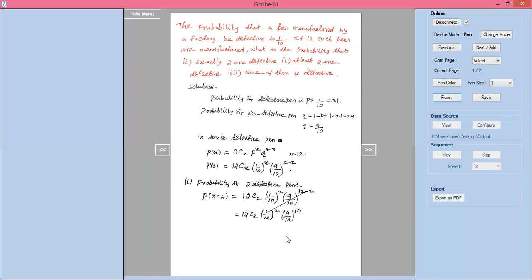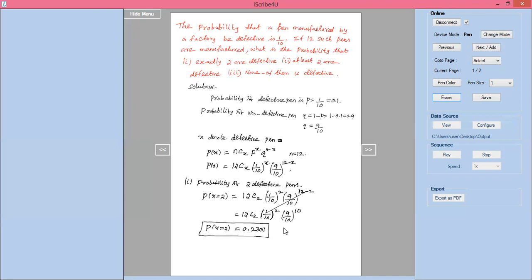Entering 12C2 into 1 by 10 whole square into 9 by 10 whole power 10 in the calculator and simplifying, we will get 0.2301. This is the probability of exactly 2 defective pens.